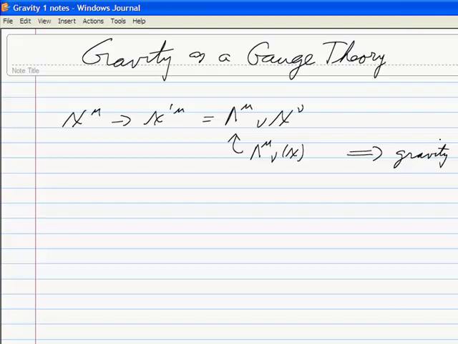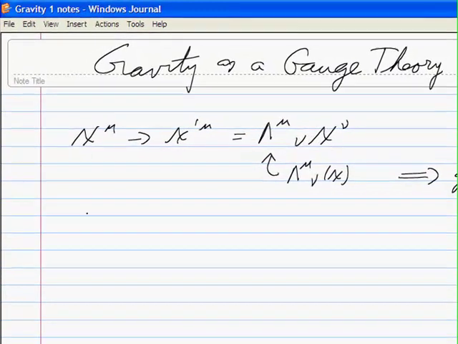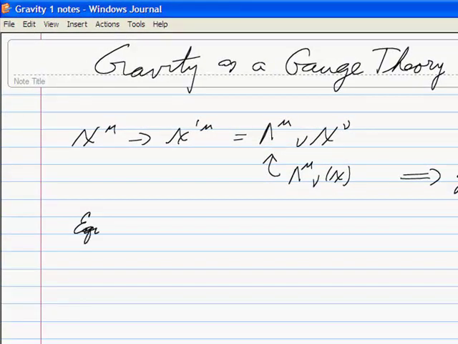It's a little bit puzzling at the start why that should be gravity. We can just do it and see what it is, but the best I can do as motivation is the equivalence principle.